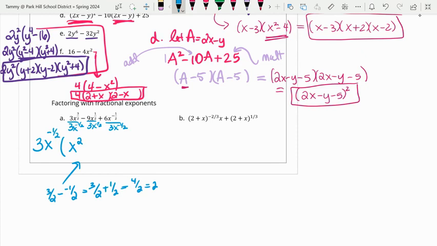Divide the numbers. Negative 9 divided by 3 is negative 3. X to the what? That's going to be 1 half minus negative 1 half, which is really 1 half plus 1 half. So I just end up with 1. So x to the first, I don't have to put a 1 there, plus 6 divided by 3 is 2. And those divide out. So I have x to the negative half, x to the negative half. That is gone.